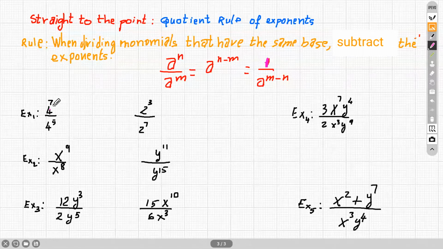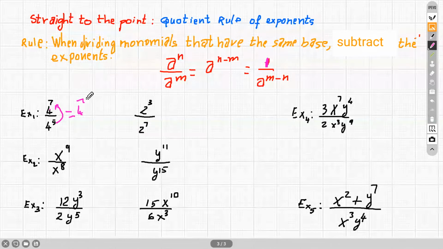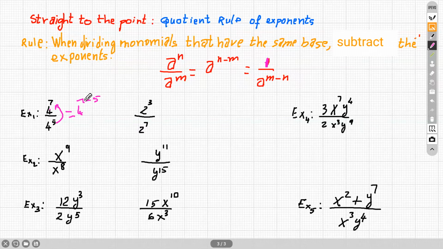Since subtracting 7 minus 5 will give me a positive number, I will move that exponent to the top. So that will give me 4 to the power 7 minus 5, and 7 minus 5 is 2. So that's 4 squared, and 4 squared is 16. 4 times 4 is 16. So my final answer would be 16.